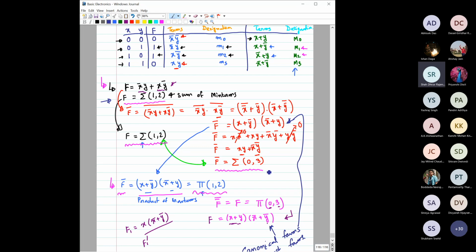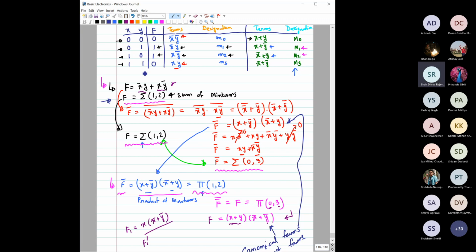Could you please repeat what we can follow? Sir, for the max terms, we have to make the product of the terms which are having zero as the output. Mm-hmm. And for the min terms, we have to add the terms which are having one as the output.